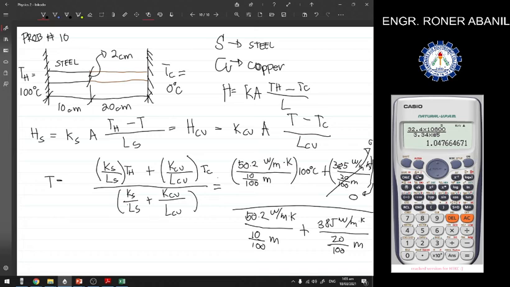Pag kinalculate natin yan, lalabas dyan dapat is 20.7 degrees Celsius.